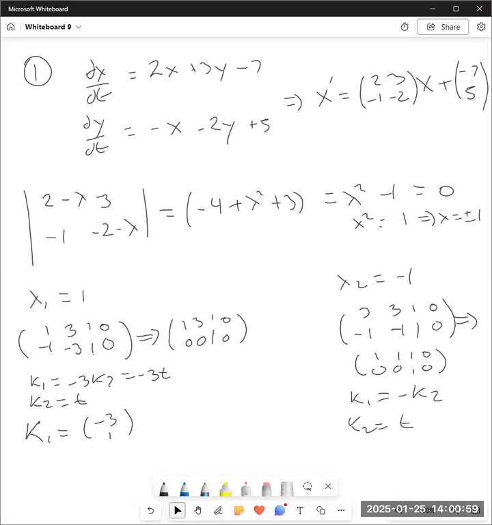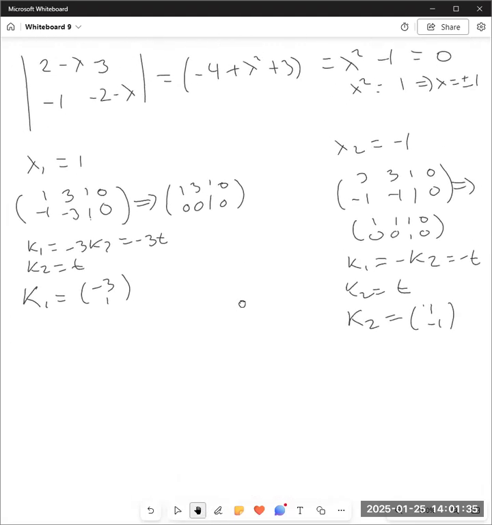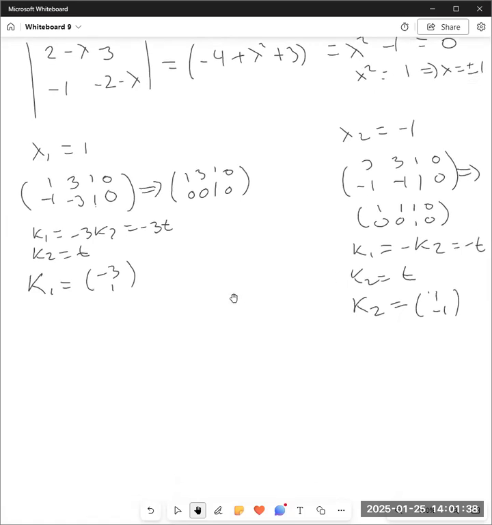I might as well let t be negative 1 here. It really doesn't matter. I can have negative 1, 1 or 1, negative 1. I prefer to have 1, negative 1 as my vector here. They're just opposites of one another is what that says.